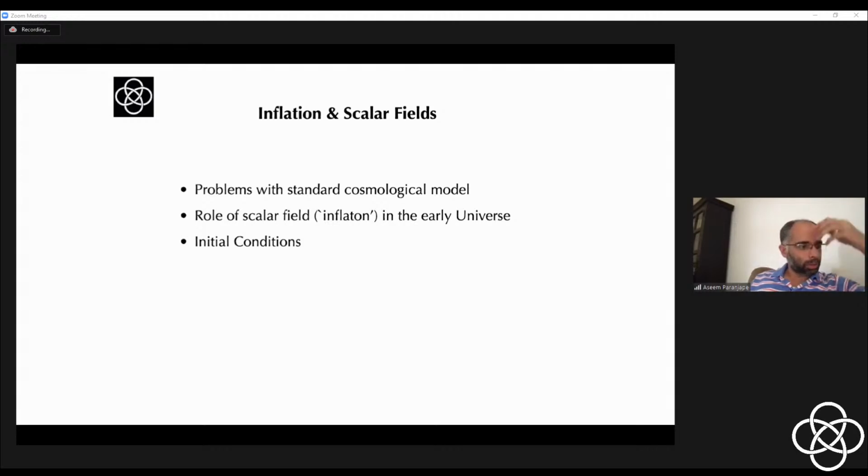And in order to do this, I would like to start with something slightly different. Before talking about the perturbations themselves, let's go back to the standard model of cosmology. You remember from Suraj's lectures that the standard model has several components. There is a background cosmology, which is defined by several smooth components. There is ordinary matter, there is some dark matter.